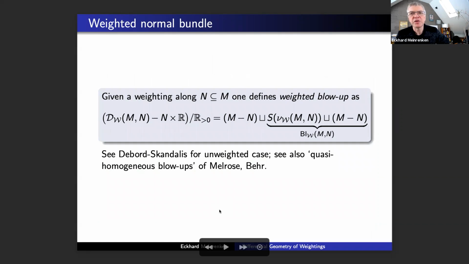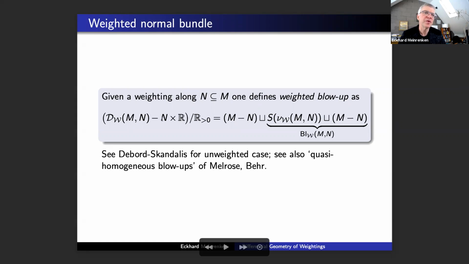Yeah, and then another thing I should mention is that if you have the weighted deformation space, then you immediately know how to define weighted blowups also. So for the unweighted case, this was nicely explained in the paper of De Boer and Skandalis, and it immediately just extends to this weighted setting. So what you do is you take the deformation space. It has this zoom action of non-zero real numbers. The zoom action is not quite free.